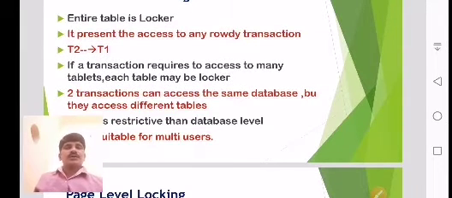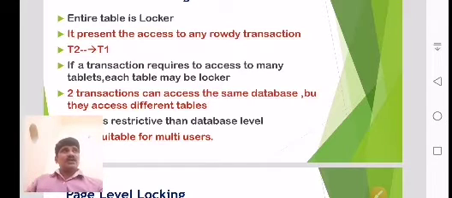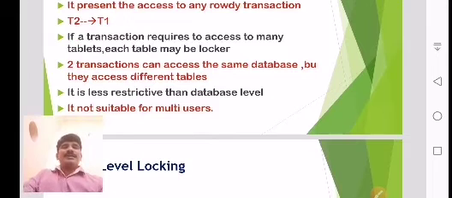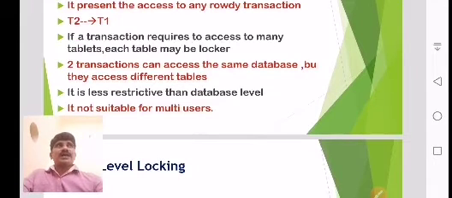The next point is that two transactions can access the same database, but in different tables. A single transaction can access different tables in a single database. It is less restrictive than database level locking.